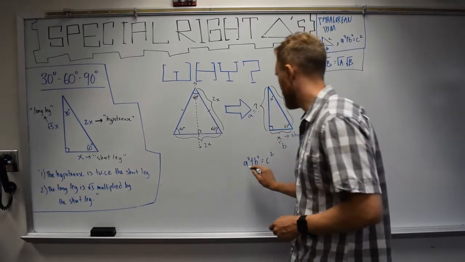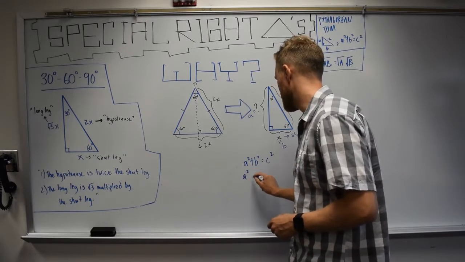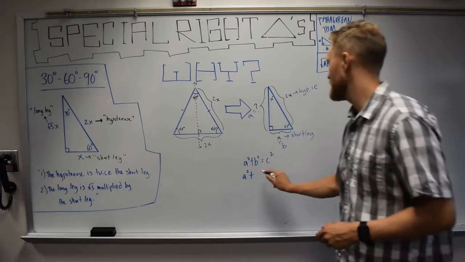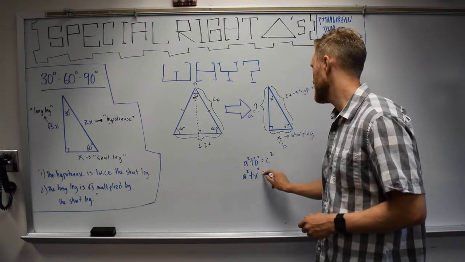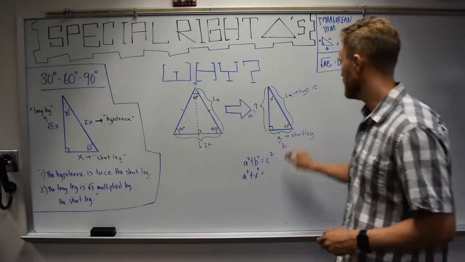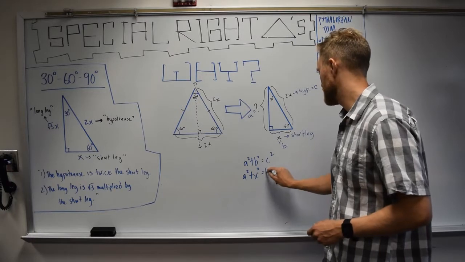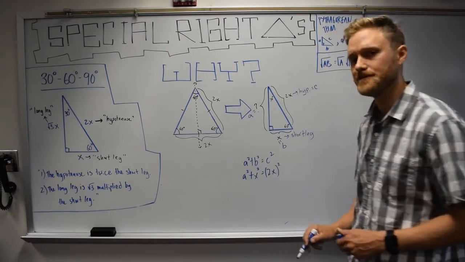A squared, we don't have anything for, so we're going to leave that as A squared. B squared is x squared, and C squared is going to be (2x) squared.